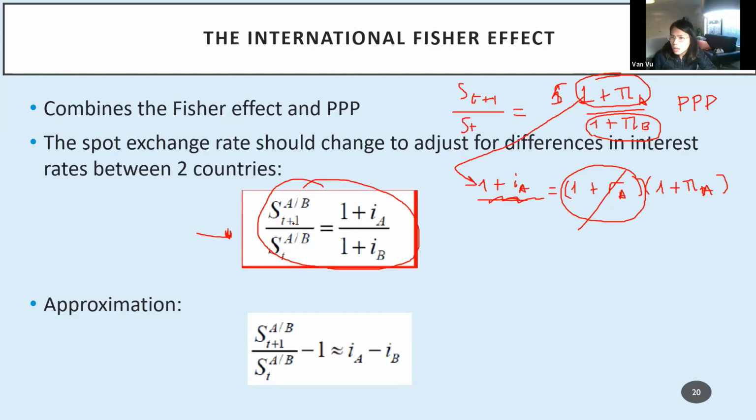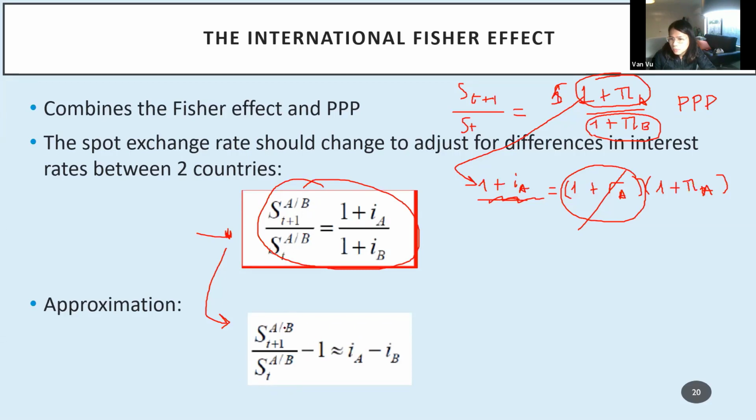On the left-hand side, I've got my change in the spot exchange rate. On the right-hand side, I've got my nominal interest rates. Once again, I'm going to look at the approximate form of this equation. If I subtract 1 from both sides, then I will get this form.